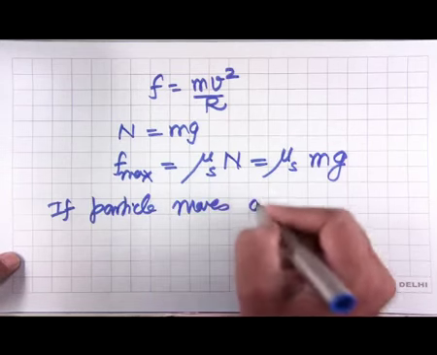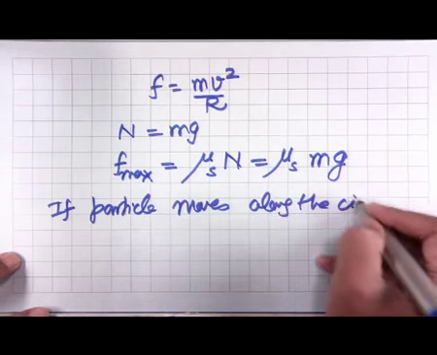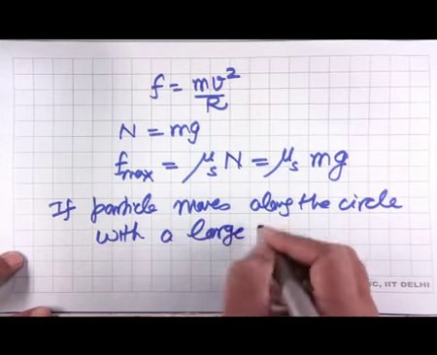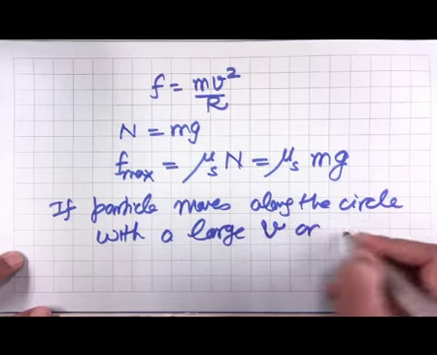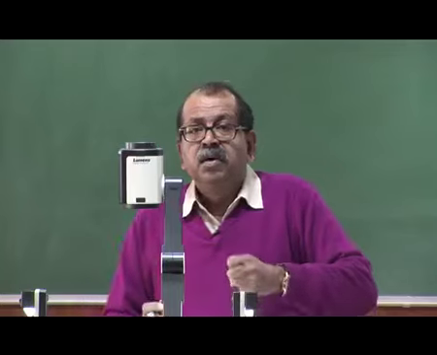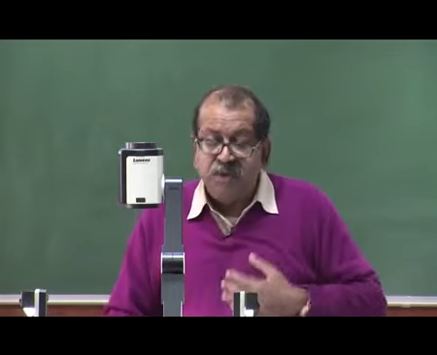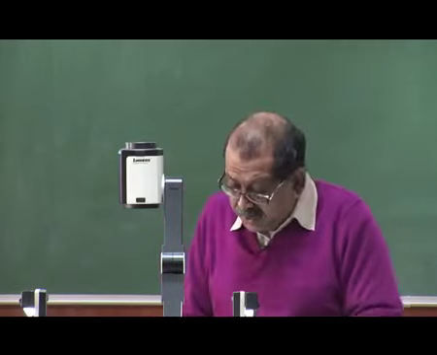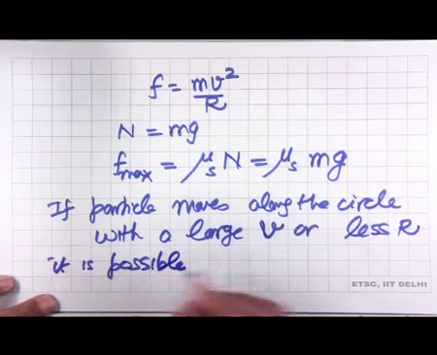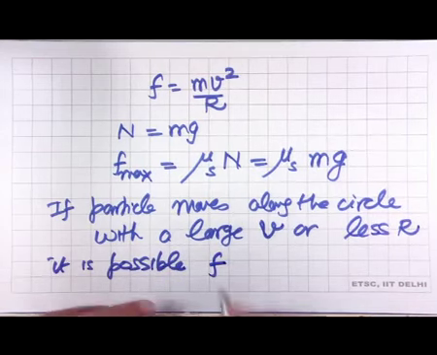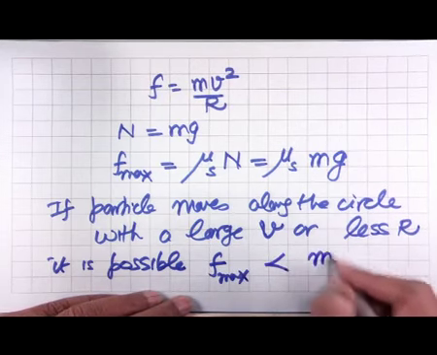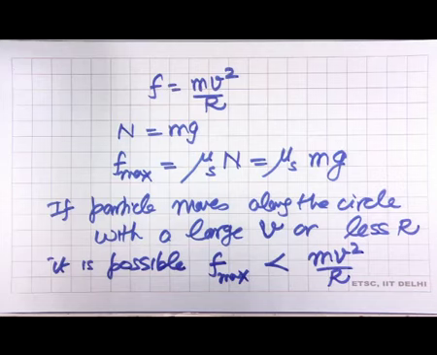Now, if the particle moves along the circle with a large v or less r, that means it travels the curve with a lower value of radius or with a large value of velocity, then it is possible that the friction force F max is less than mv square by r.